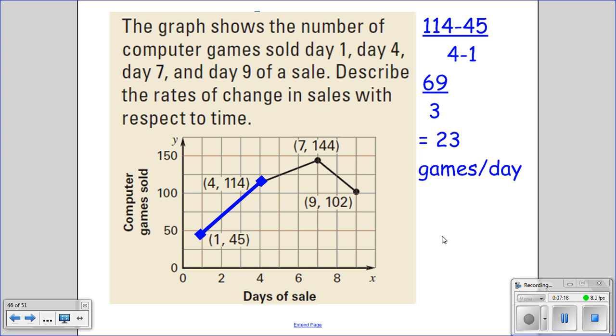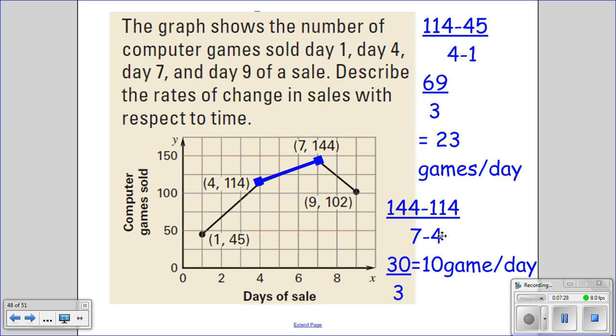Since that's a positive number, we know that it is increasing in terms of the number of games that are sold. The second one is 144 minus 114 over 7 minus 4, which is 30 over 3, or 10 games per day. The number of games per day being sold is still increasing, and you can see that in the line.